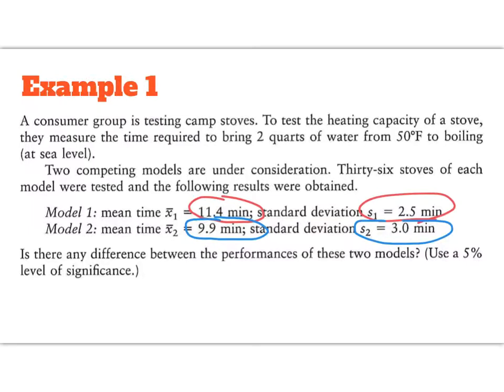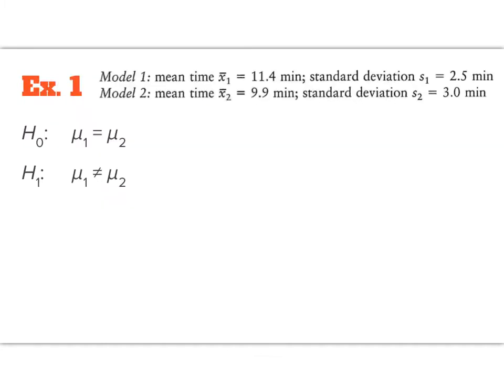So you have probably realized by now that the fact that we're not being asked to explicitly compare Model 1 to Model 2 as far as 1 is better than 2 or 2 is better than 1, the fact that that question is not being asked, the fact that the question is whether there is any difference between them, should tell you loud and clear the alternate hypothesis is that mu1 is not equal to mu2.